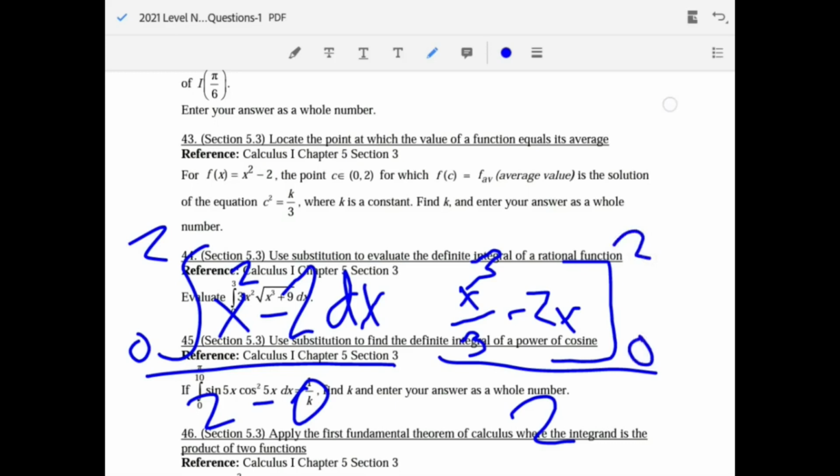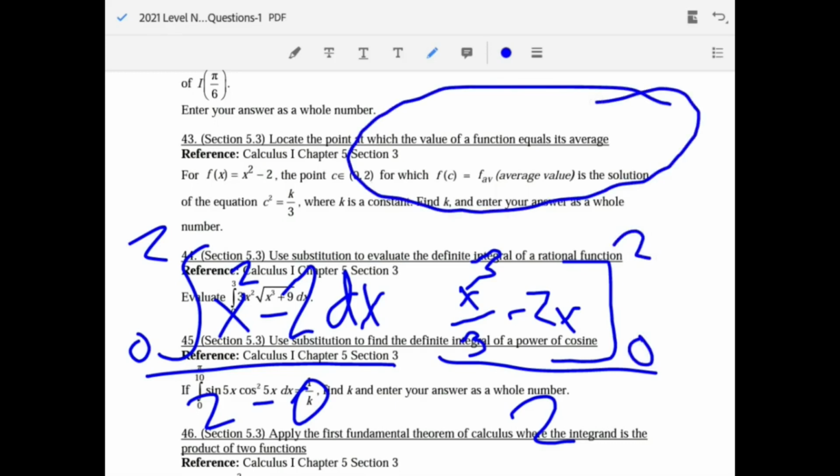So the final answer for f average: x cubed, you sub it in, so 2 cubed is 8 over 3, 8 over 3 minus 4. 4 is 12 over 3, so 8 minus 12 is minus 4, so it's minus 4 over 3, and then divided by 2, it's minus 2 over 3. That's the average value.